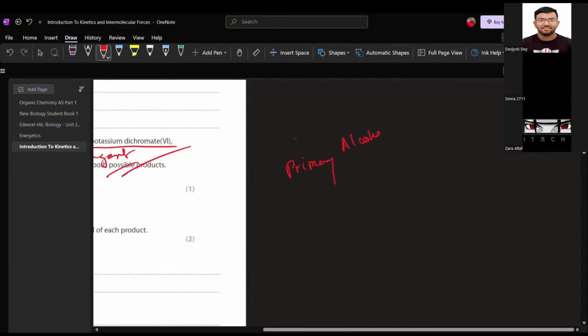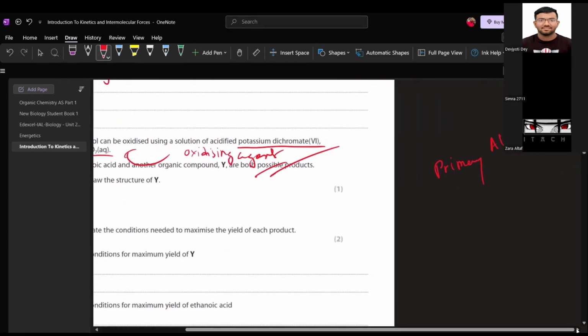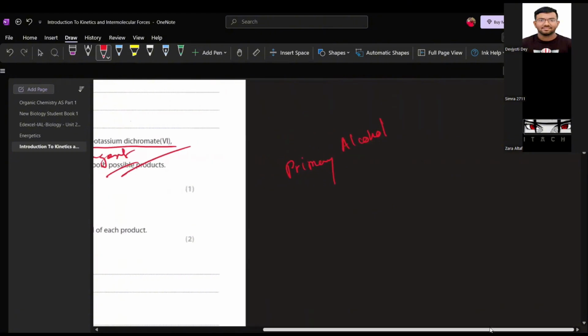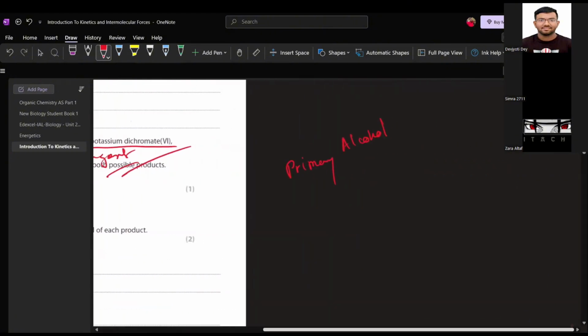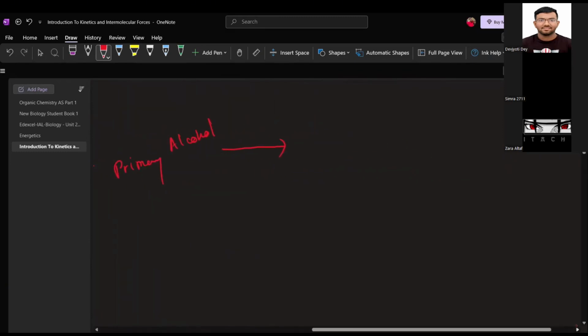Primary alcohol. Ethanoic acid is a carboxylic acid. When a primary alcohol is oxidized, always try to remember this chart, it's very important.